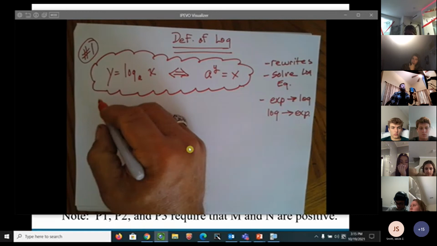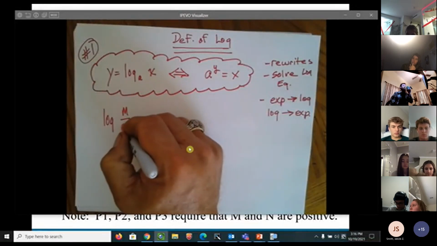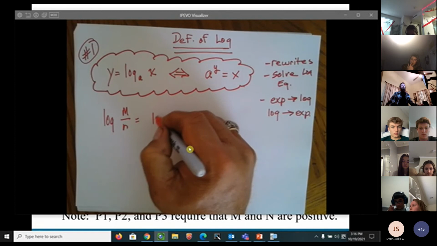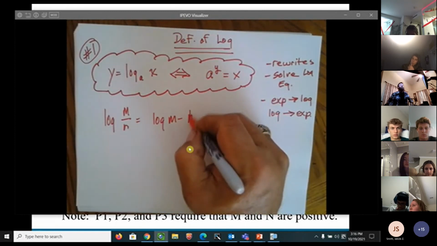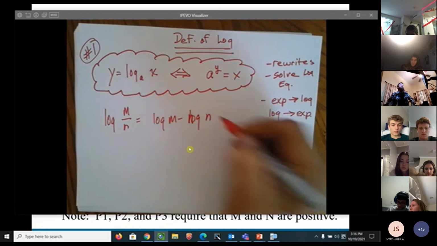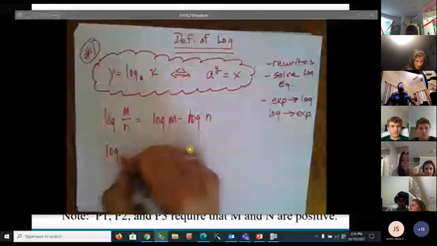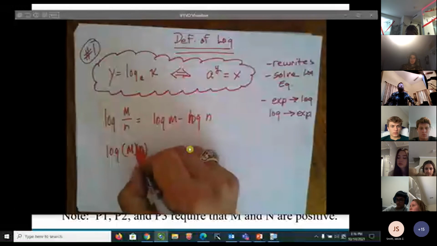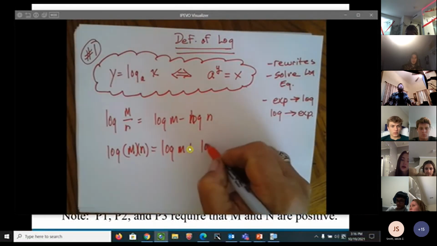And log of m over n is equal to log of m minus log of n. That's the quotient rule. And log of m times n is equal to the log of m plus the log of n.